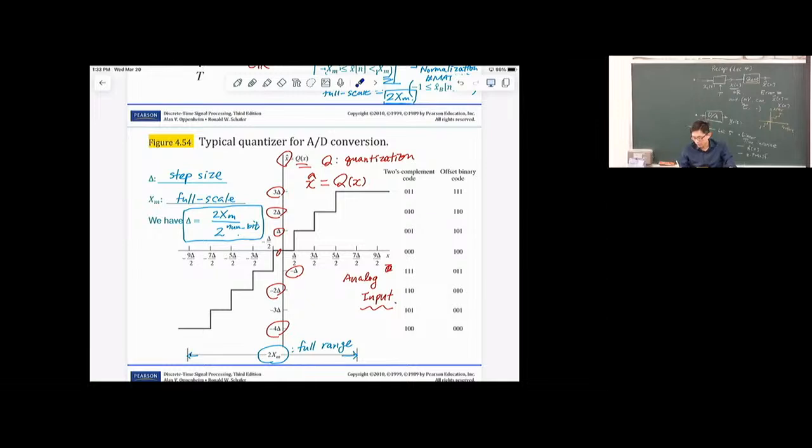But it turns out that the more common way of encoding the steps is called 2's complement. And this 2's complement is nice in that 0 corresponds to 0, 0, 0, which makes a lot of sense, right? The analog value of 0 corresponds to the digital sequence 0, 0, 0.